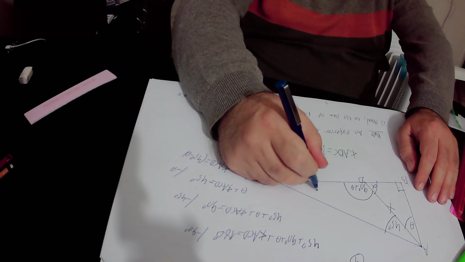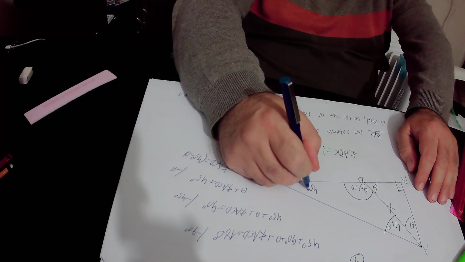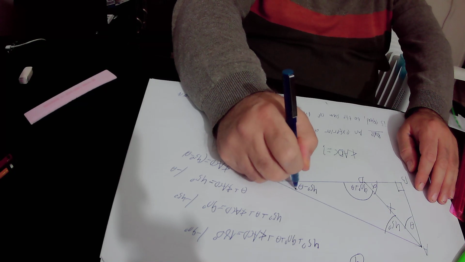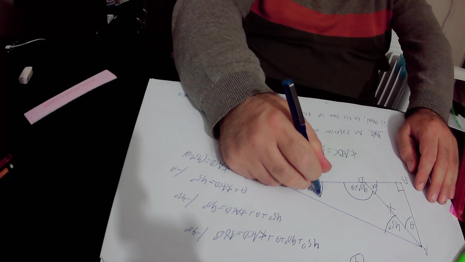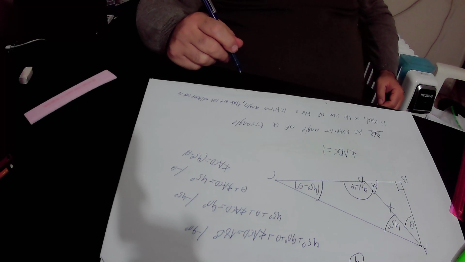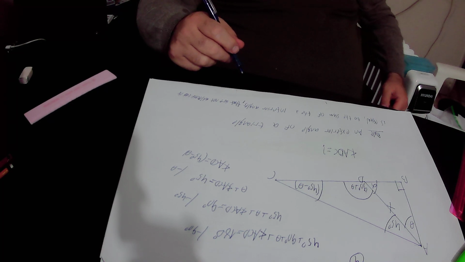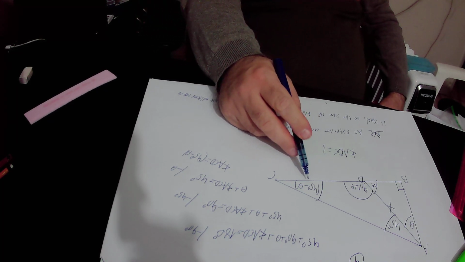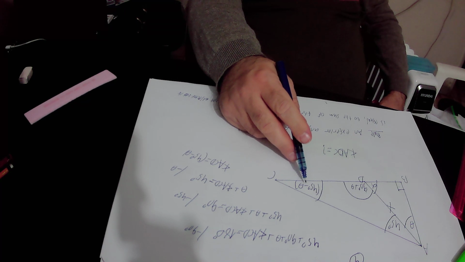So this angle equals 45 degrees minus theta. So actually we found out that the smallest angle in triangle ACD is this angle that is equal to 45 degrees minus theta.